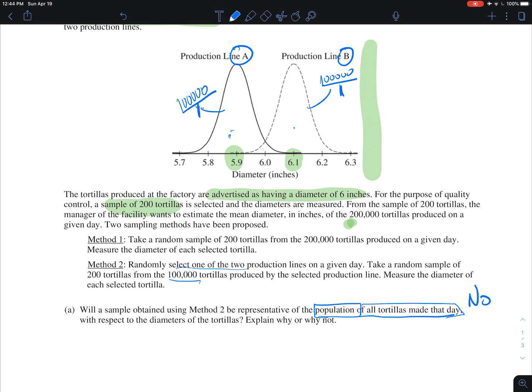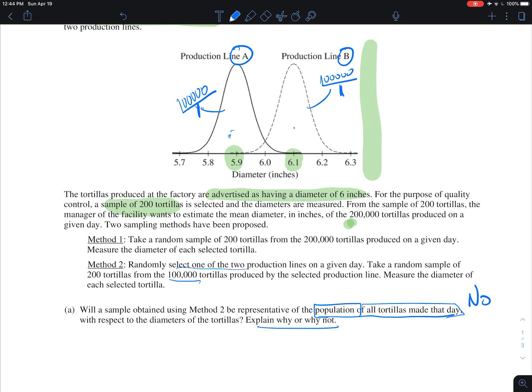Not every tortilla had the same chance of being selected, or every subset of 200 total tortillas could have been selected. So we've got a problem there. They're only going to be representative of the production line from which they came.